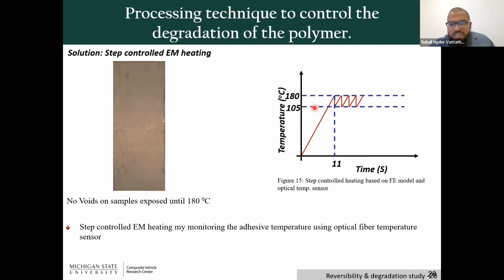The polymer glass transition temperature is around 105, so you can still get a very soft, nearly molten stage at around 180C. We thought of a step-controlled heating, so that you do not have any degradation across the section, and you get the polymer in its inherent strength.